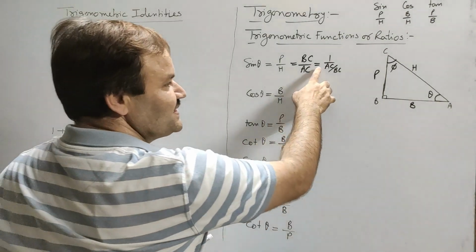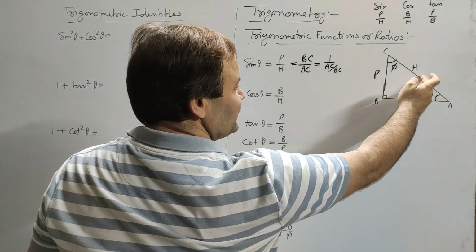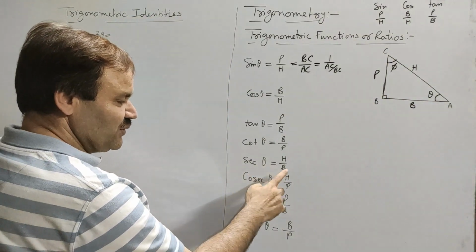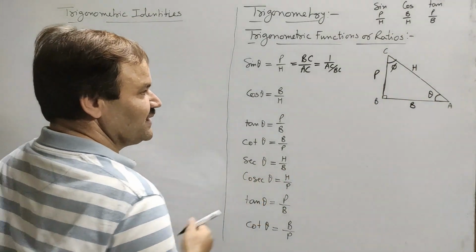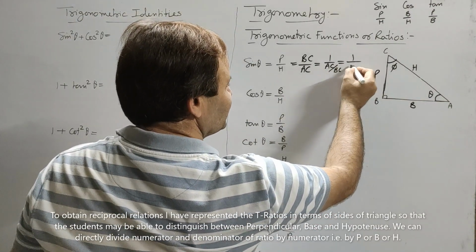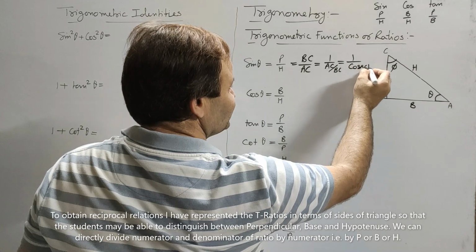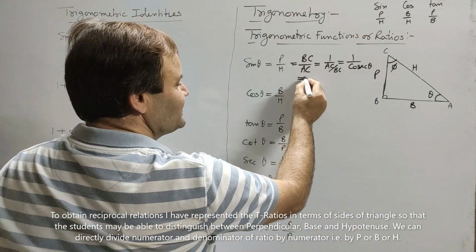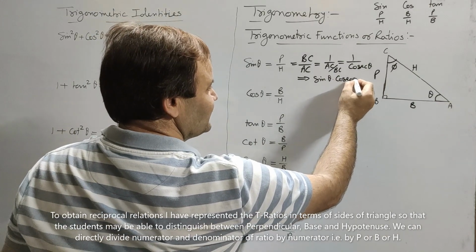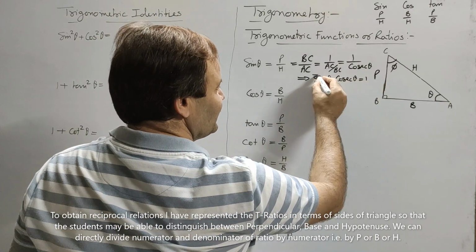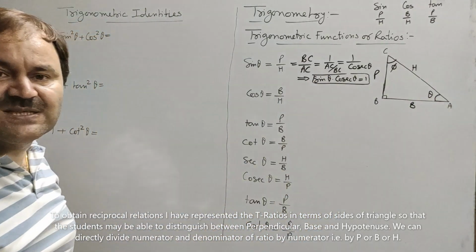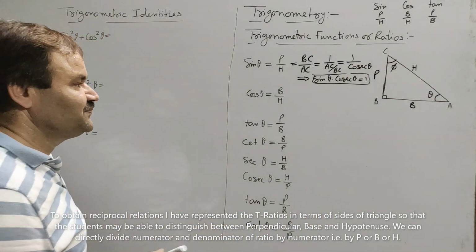Then AC upon BC will become hypotenuse upon perpendicular, and hypotenuse upon perpendicular is cosec theta. So sin theta will be equal to 1 upon cosec theta, and this implies sin theta into cosec theta will always be 1. It means sin theta and cosec theta are reciprocal of each other.